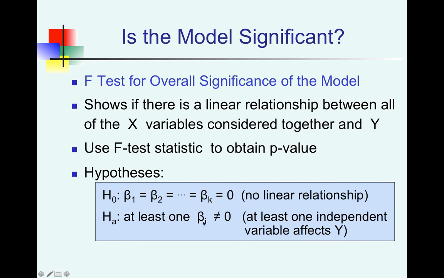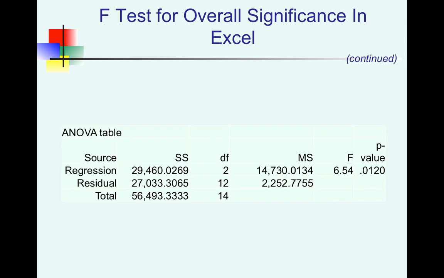And 1 being explanatory means that the slope is not equal to 0, and of course we'd want to know which one that is. So again, we got that p-value from the ANOVA table. This is using the F-test. The F-test is just a particular distribution that it's getting the p-value from.